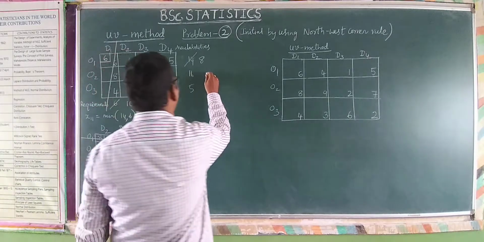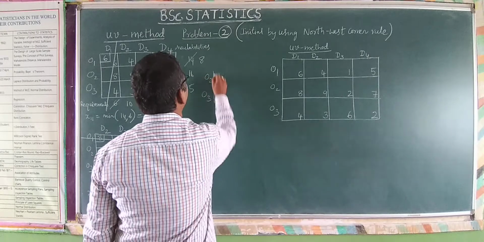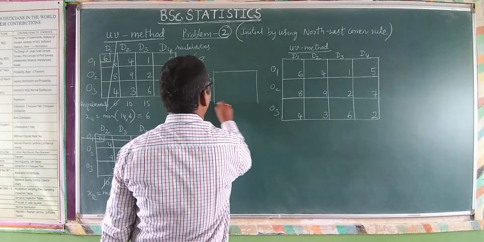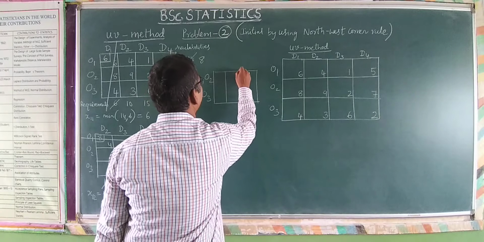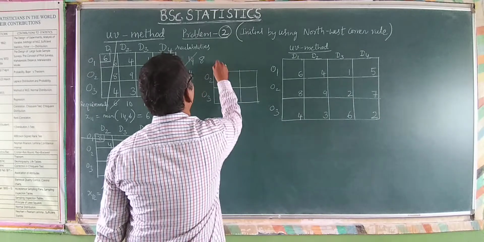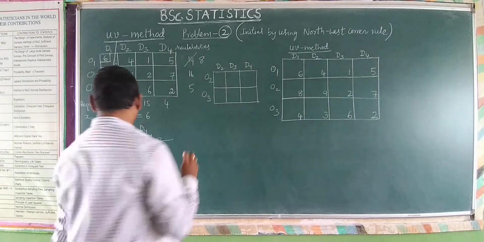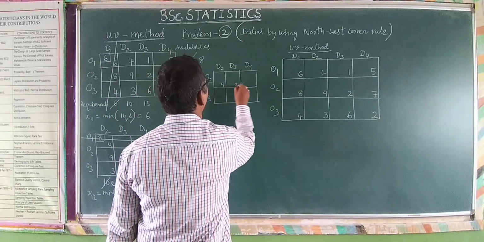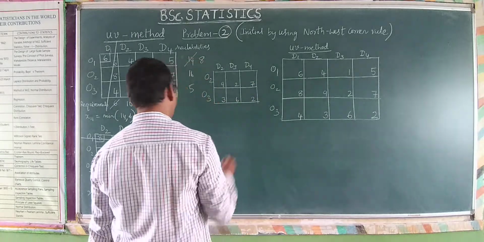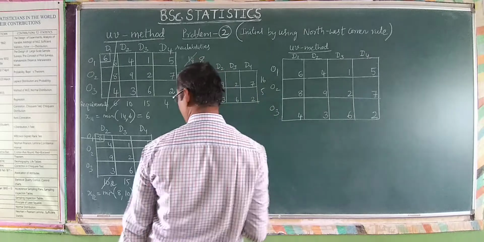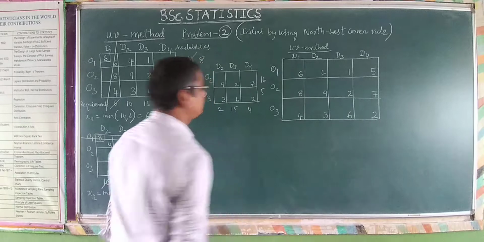It is O1, O2, O3, and you have the three columns D2, D3, D4. 3 destinations we have, and the corresponding costs 9, 2 and 7 and 3, 6, 2. Availability 16, 5 and requirements 2, 15 and 4. Right?